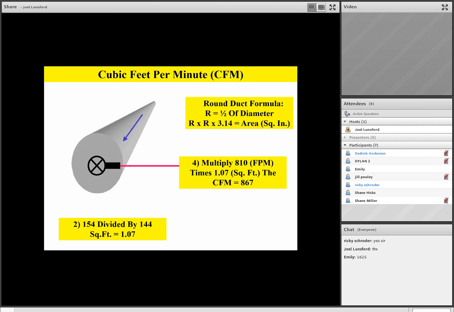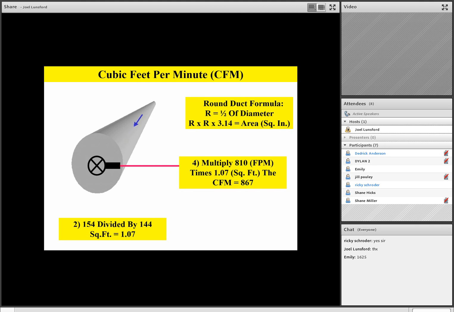It's going to recommend a particular velocity for the main trunk. It's going to recommend a velocity for all the takeoffs. It's going to recommend velocity through registers and grills. So it's important that we have this concept that CFM and velocity are tied hand in hand when we're designing a duct system.